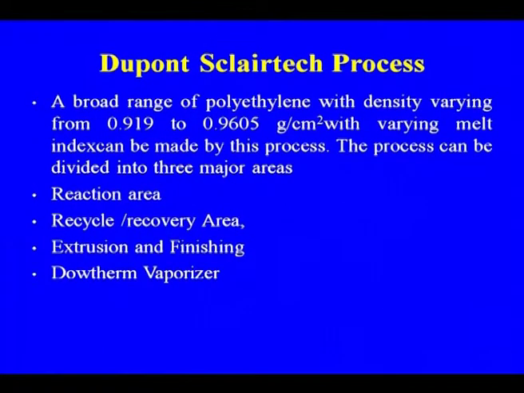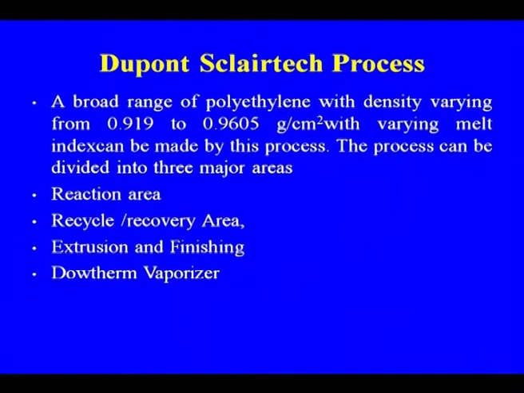And the DuPont SCLAIRTECH process: a broad range of polyethylene with a density varying from 0.919 to 0.965, with varying melt index, can be produced. This is one of the new, modified processes where a wide range of melt index can be made. The process can be divided into three major areas: reaction area, recycle and recovery area, extraction and finishing, and downstream vaporizer.